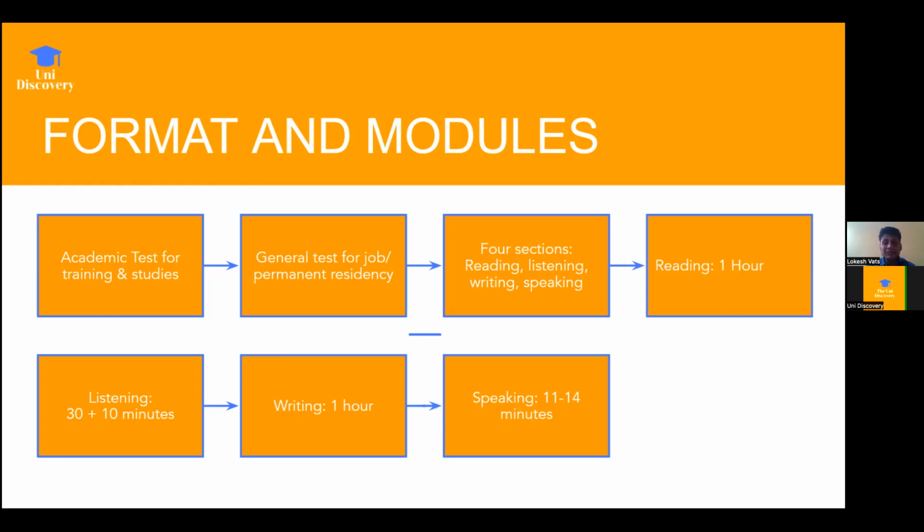Reading gets the same amount of time in both modules, 1 hour, and the 40 questions remain the same. However, in your listening test for the paper one, you have 30 plus 10 minutes. All in all, you have 40 minutes to solve the questions.